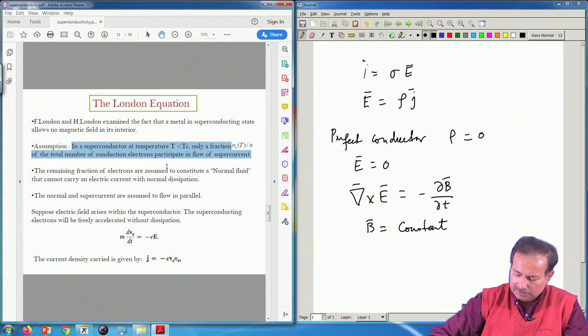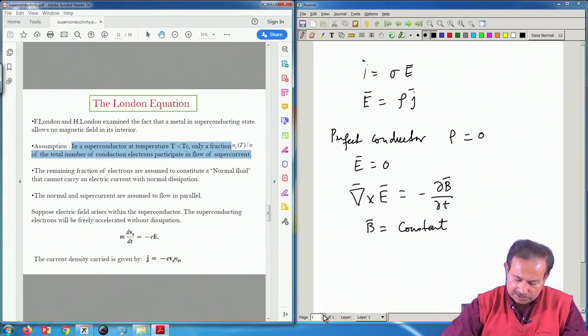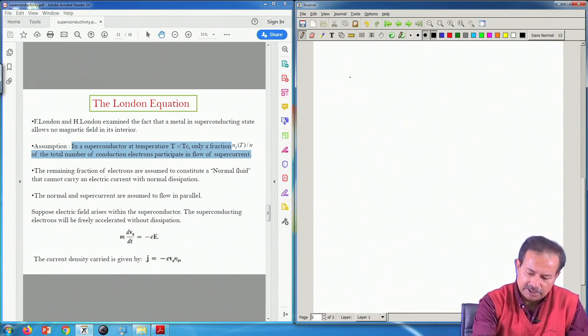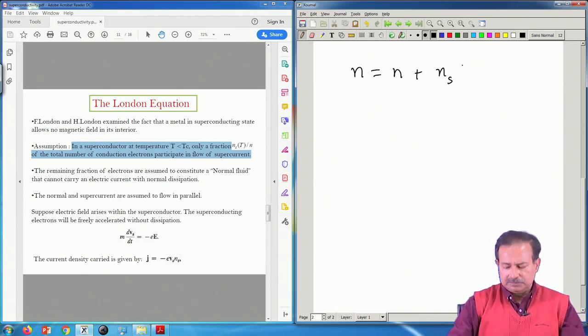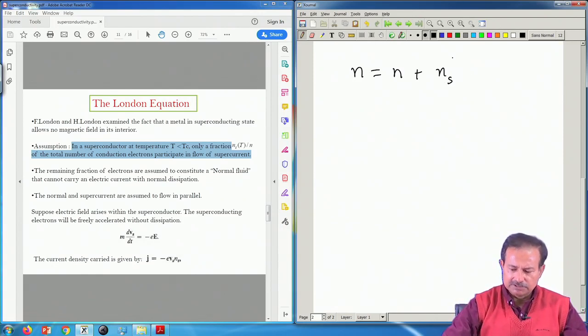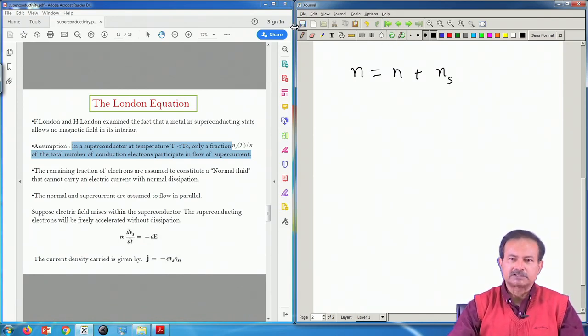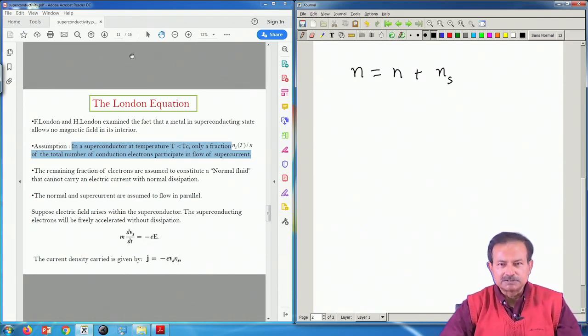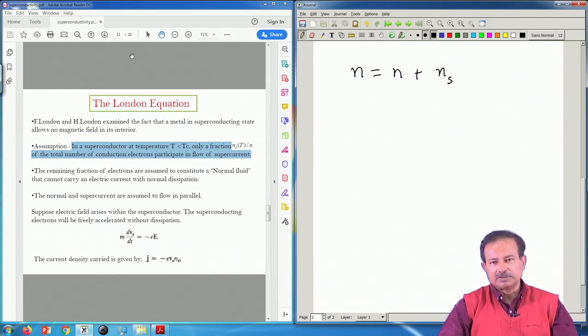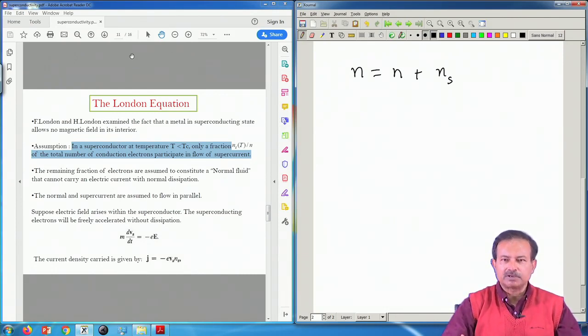So, they divided the total conduction electron density n into two parts, n normal plus n superconducting, and so the superconducting fraction is fairly less. But the advantage is that if both of them are carrying current and the superconducting fraction has no resistance, then of course, any measurement of resistance will still give you 0, because that part will short the current.